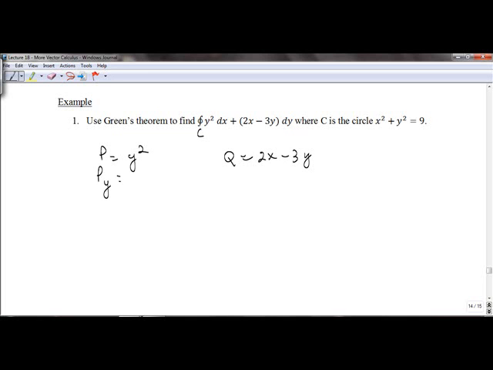P with respect to y is 2y. Q with respect to x is 2. So Q sub x minus P sub y is 2 minus 2y. Okay?